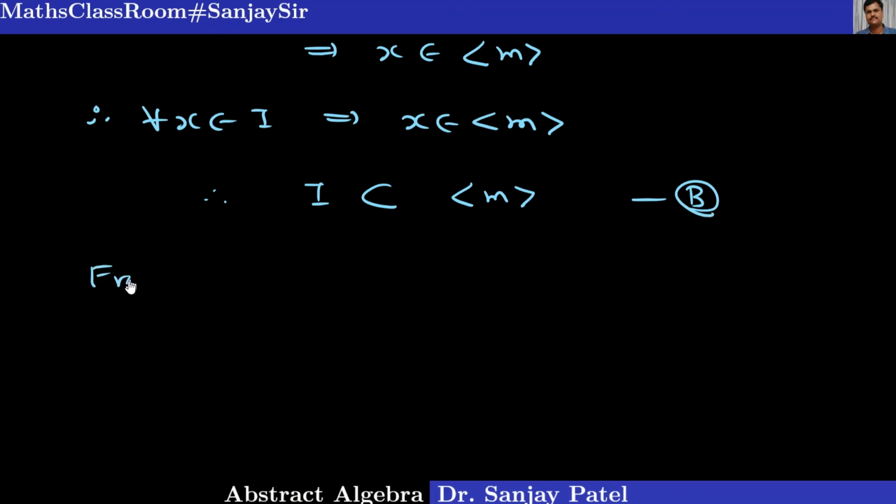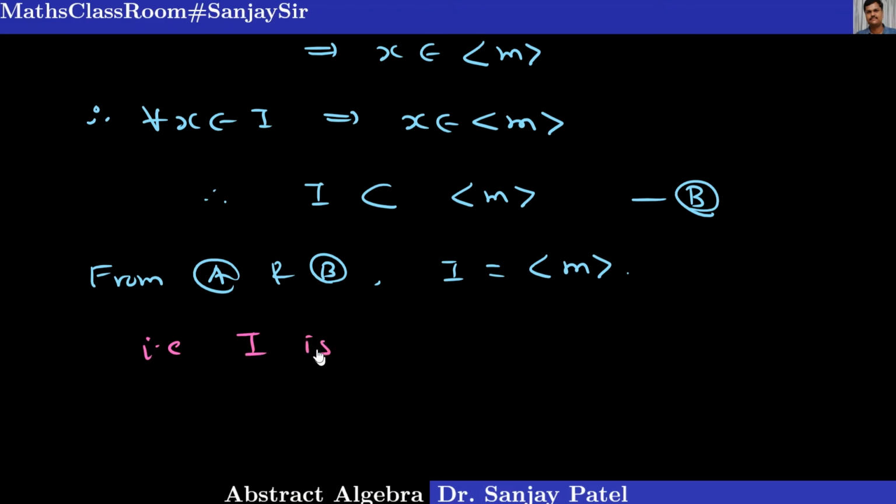So from A and B, what follows is I is equal to the ideal generated by M. That is, I is a principal ideal in Z. So in any case, whether I is a zero ideal of the ring Z or a non-zero ideal, we have shown that it is always generated by some element, or it is always a principal ideal.